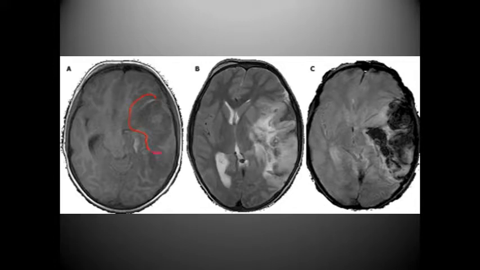Here we can see an abnormality in this area, and then we're not given a specific time, but at some point in time we reevaluate the patient, and probably within one day, we see this huge area with a midline shift marked by this, a shift in the midline.